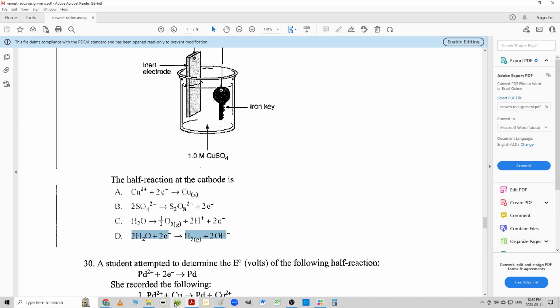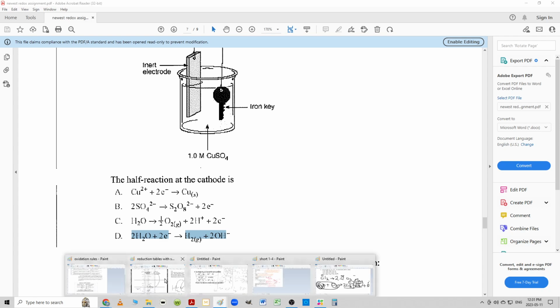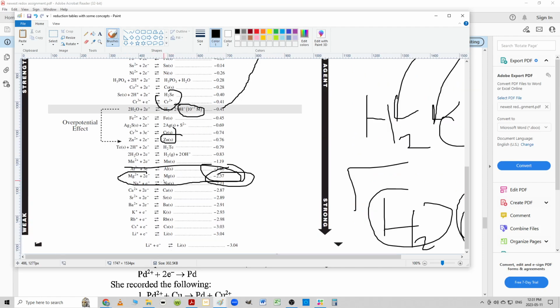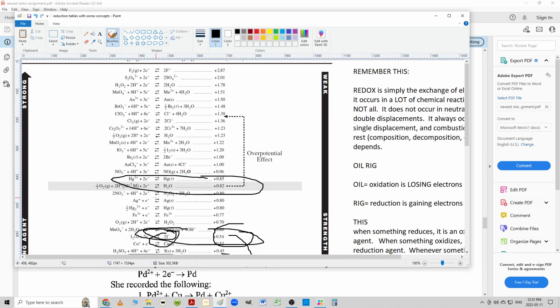A real quick check shows copper here and sulfate. Yeah, so copper is down.